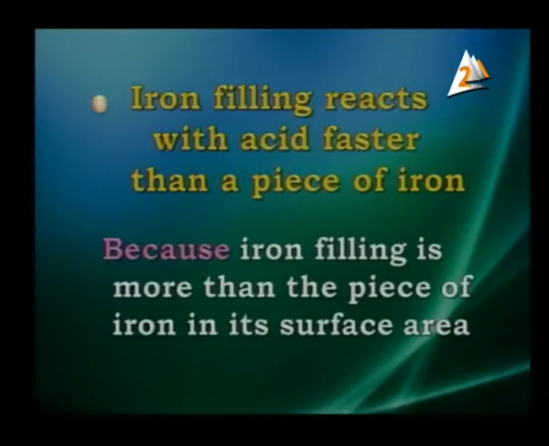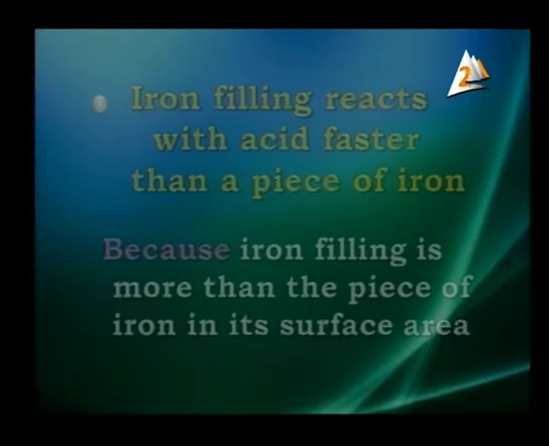The piece has many layers that the reaction cannot reach, the internal layers found inside the piece of iron. So the iron filling is more than the piece of iron in its surface area, so the speed of chemical reaction will be faster.